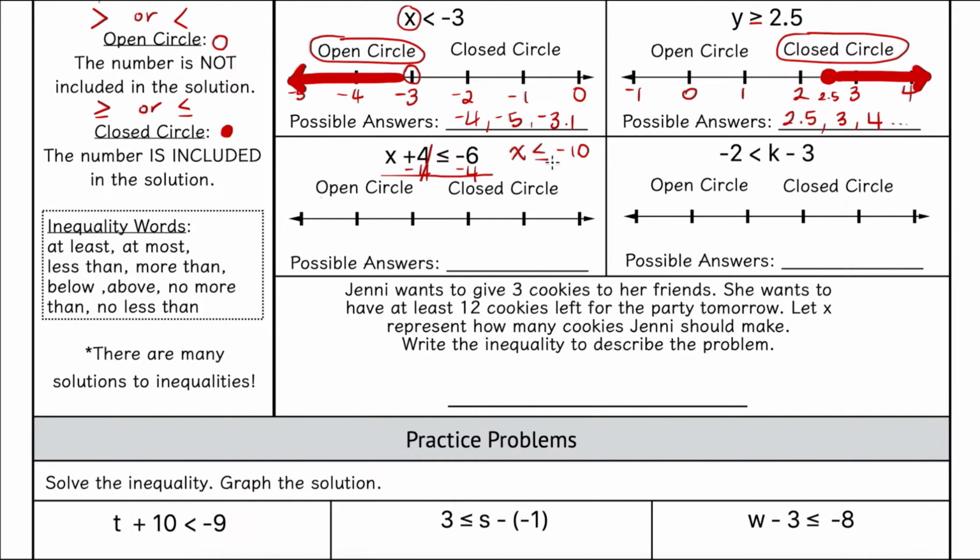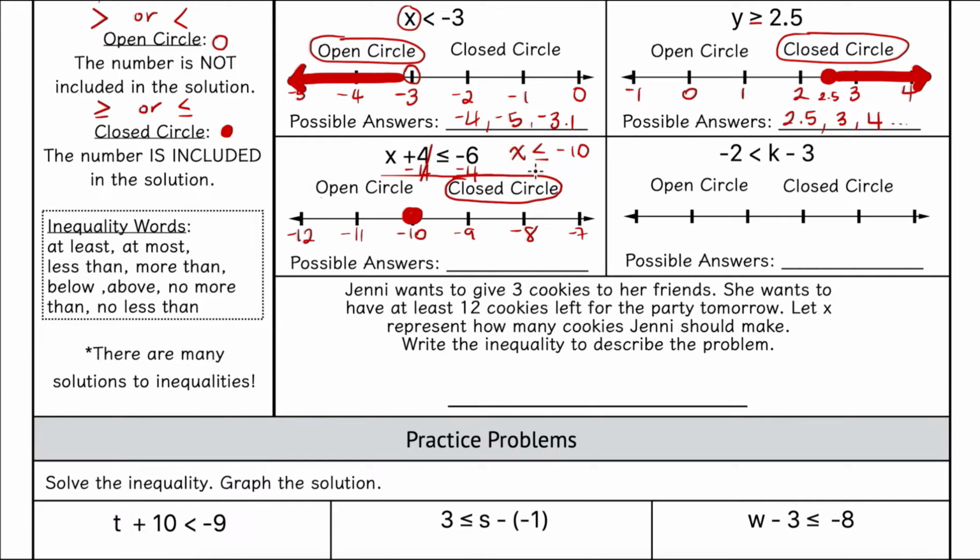Now, this is a closed circle because it's less than or equal to. We mark negative 10, negative 9, and we have our closed circle at negative 10.